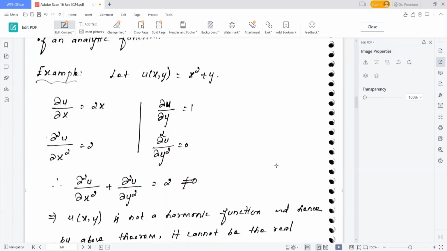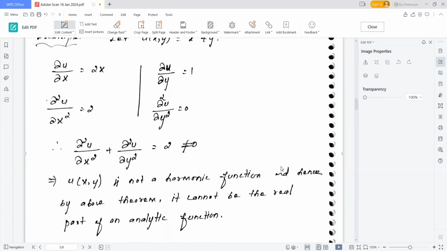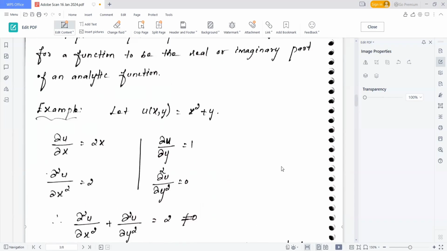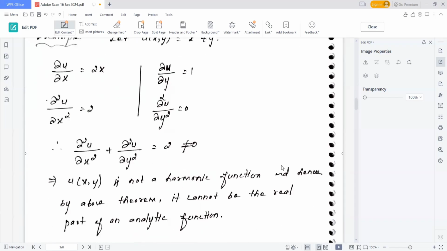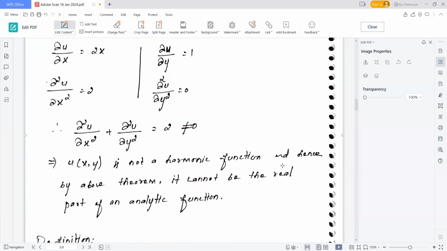Since it is not a harmonic function, we can say that this cannot be the real part of an analytic function. If it were the real part of an analytic function, then it must satisfy the Laplace equation. Since it does not, this function cannot be the real part of an analytic function. Okay, so with this, I end this video.